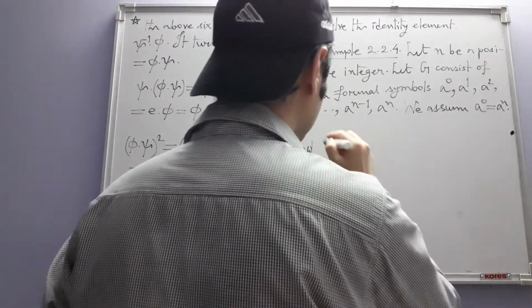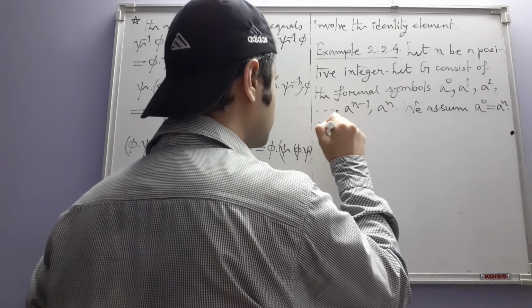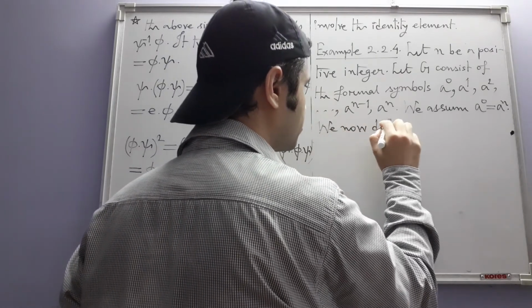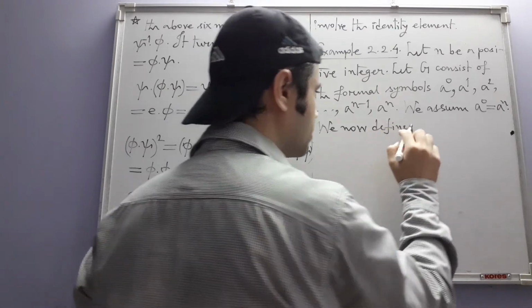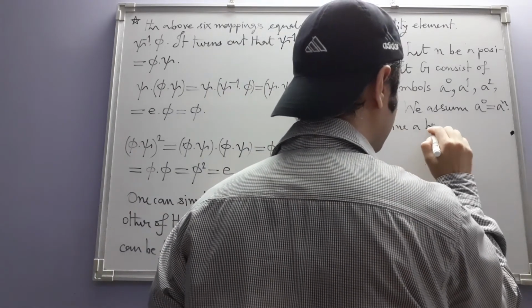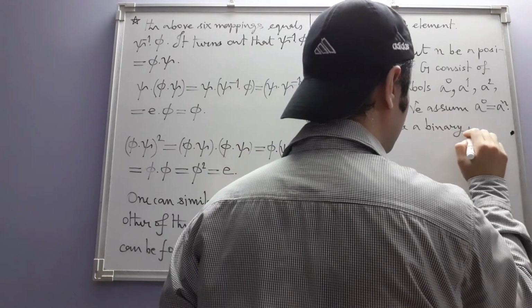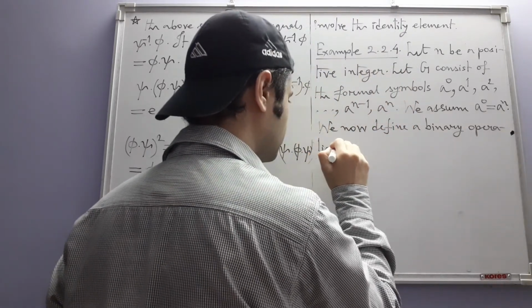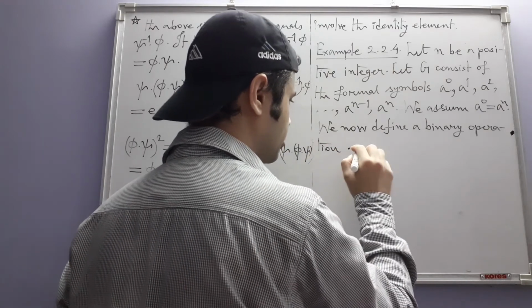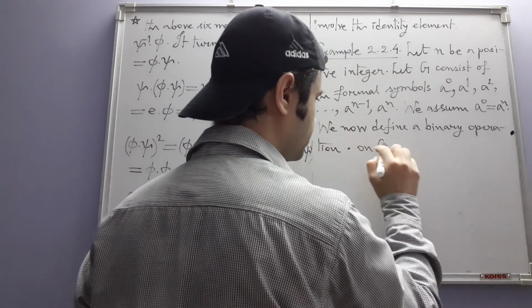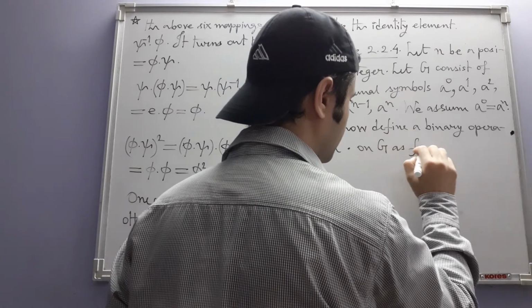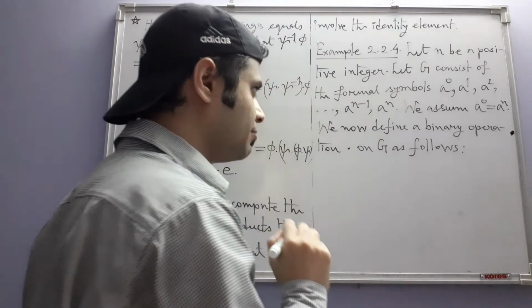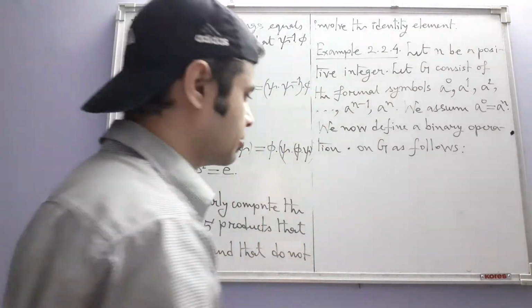Okay. Now, we define a binary operation dot on G as follows. So now we will give the rule for composing elements.